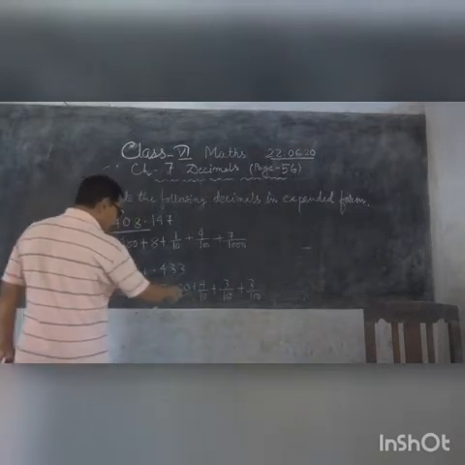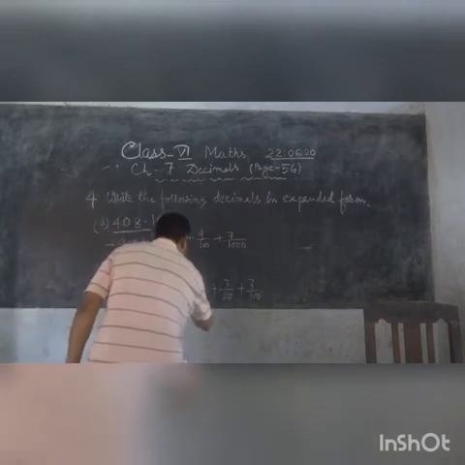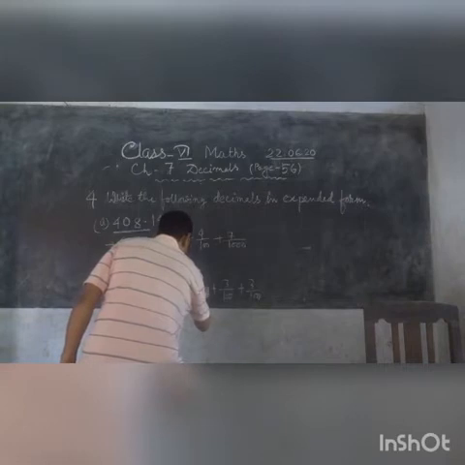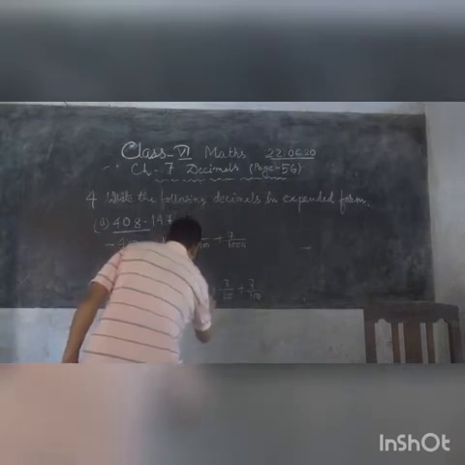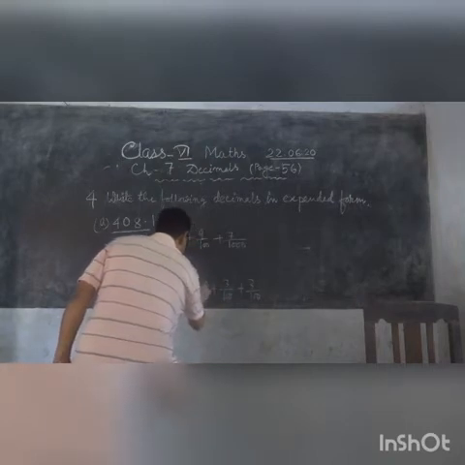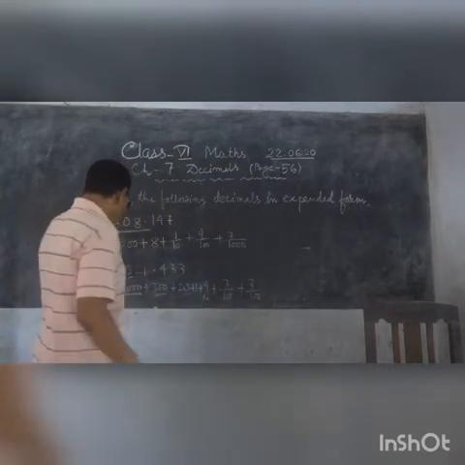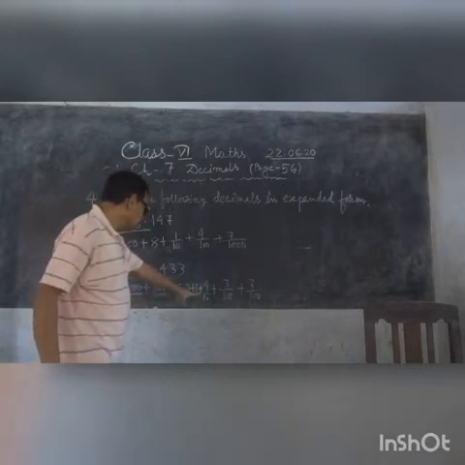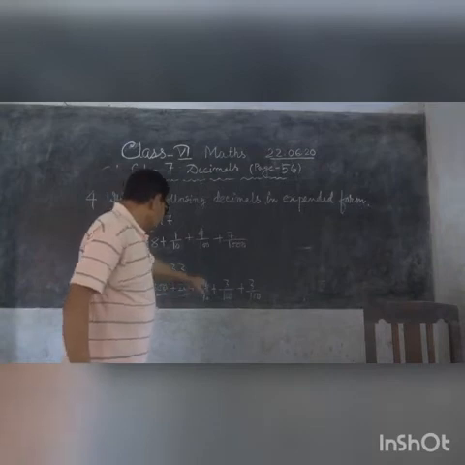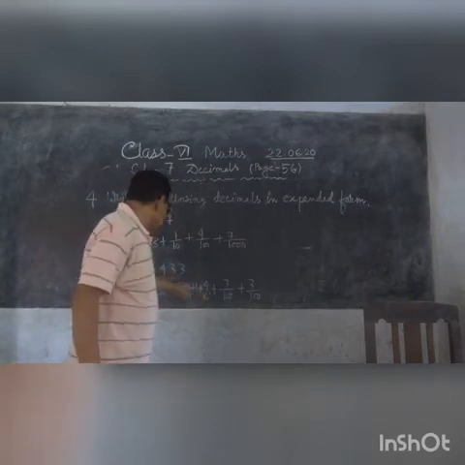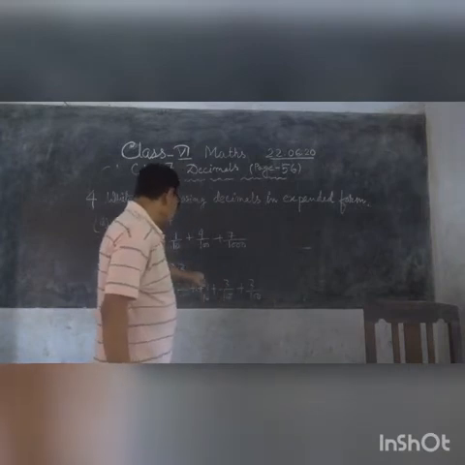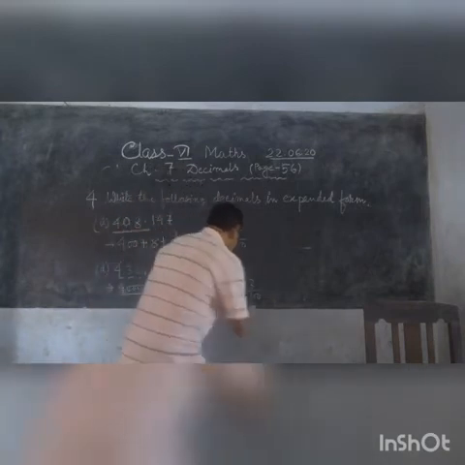Then 1 will be there, plus 1, then plus 4 by 10. 4321 plus, 4 means 4 by 10, 3 means 3 by 100, and again 3 by 1000.